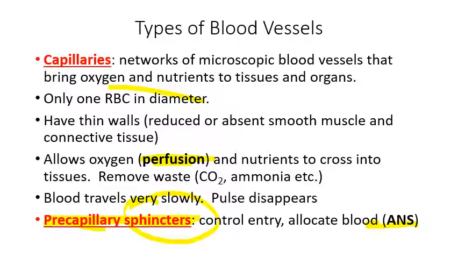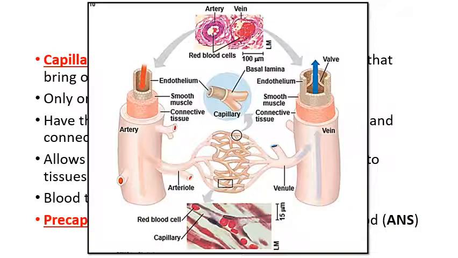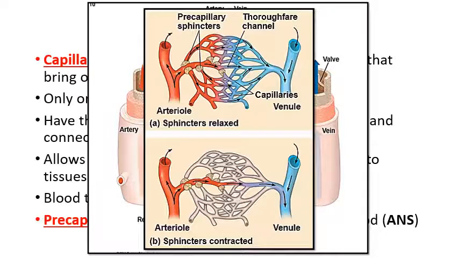The only way the body is able to do that is by closing off the precapillary sphincters that take blood to the digestive organs and the skin, and opening as wide as possible the precapillary sphincters that deliver the blood to the muscles. So this is controlled by precapillary sphincters.